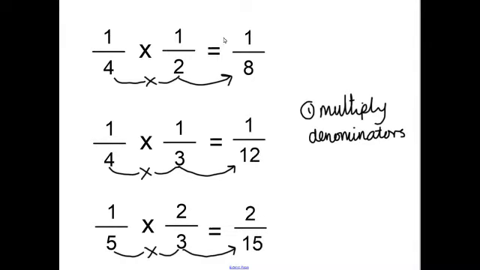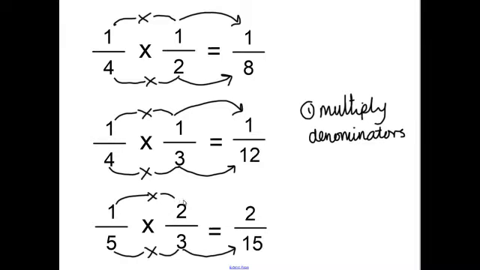Now the same strategy also works for the numerators. So we've got 1 times 1 equals 1. Again, 1 times 1 equals 1, and 1 times 2 equals 2.